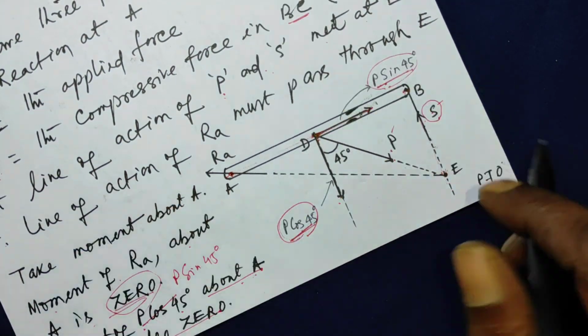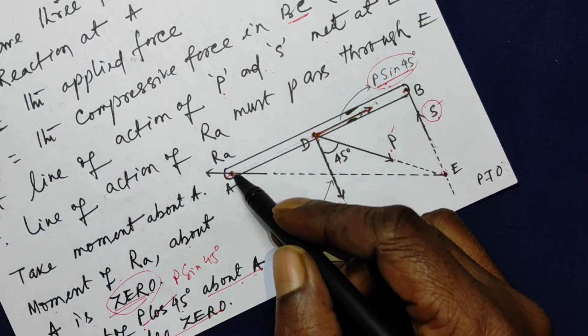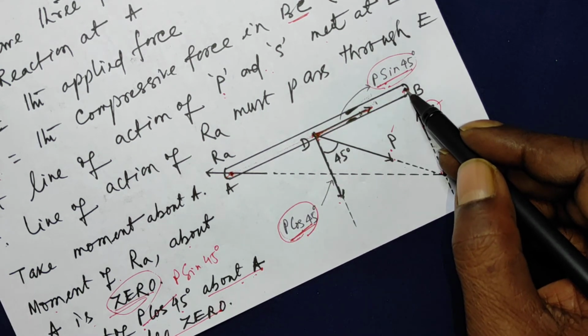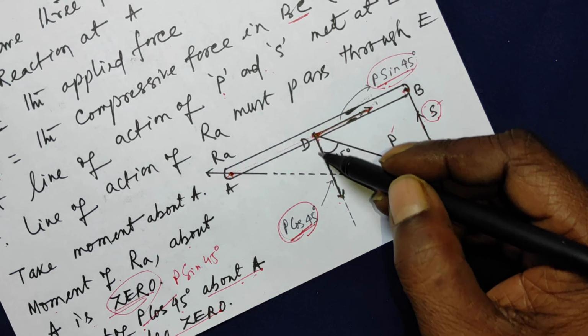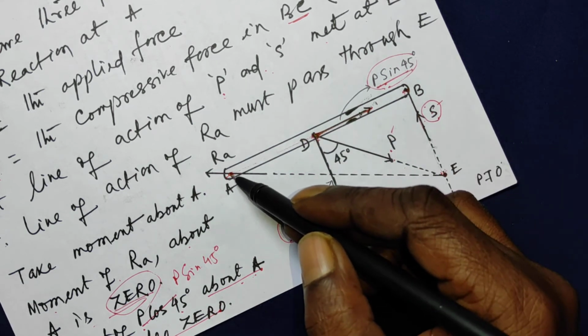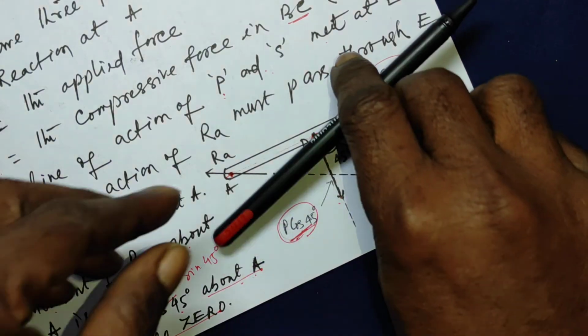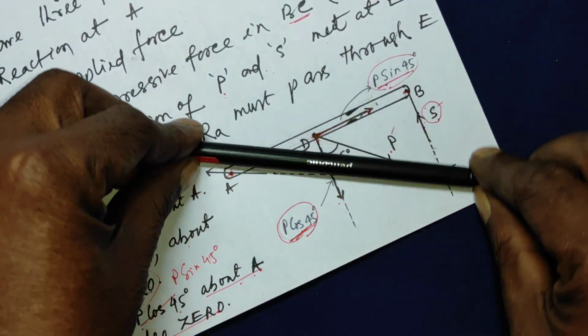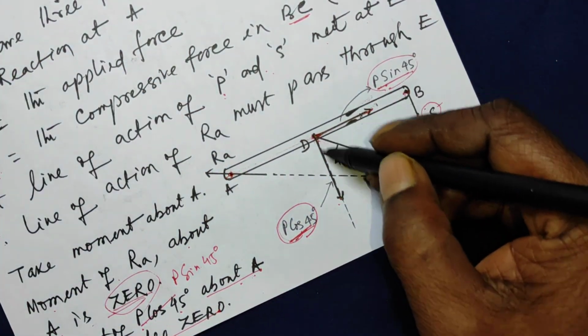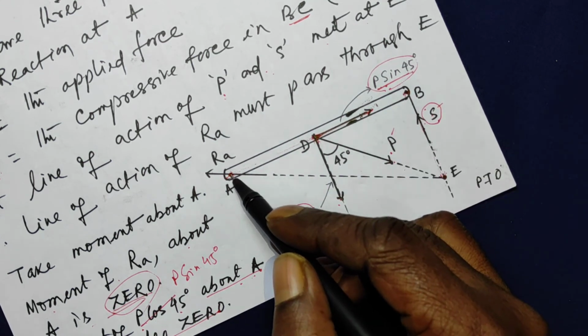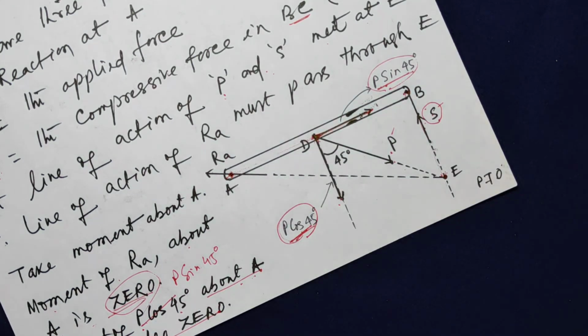And how much will that be? S times this perpendicular length, L. The effect of P cos 45 about point A will be clockwise, and that will be P cos 45 times the length from A to D, that is L by 2.